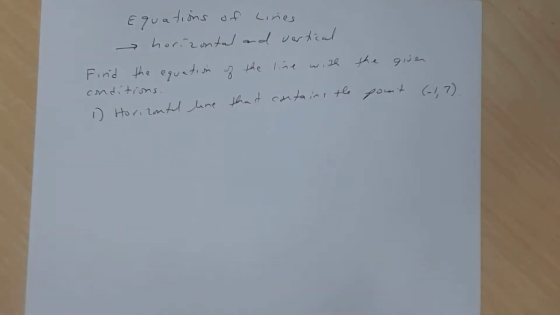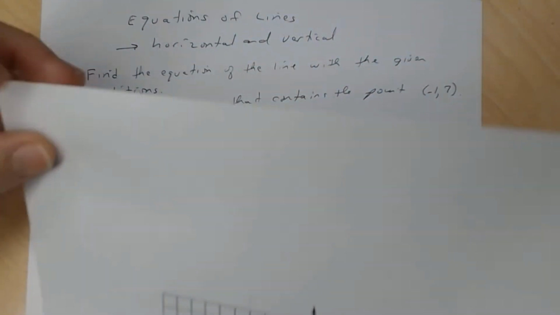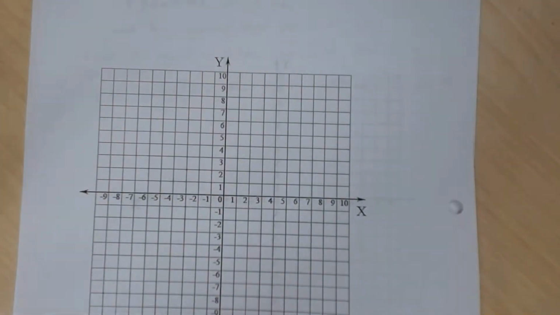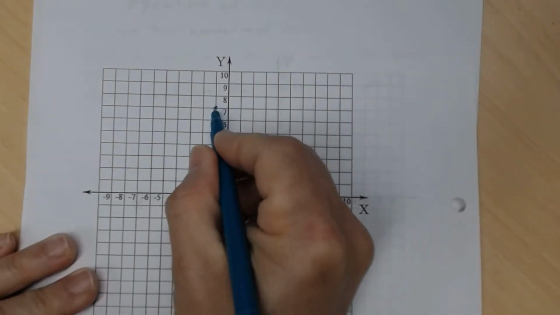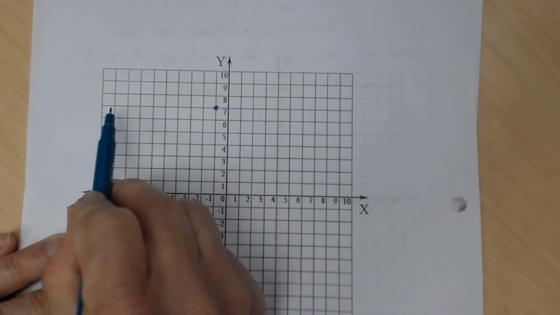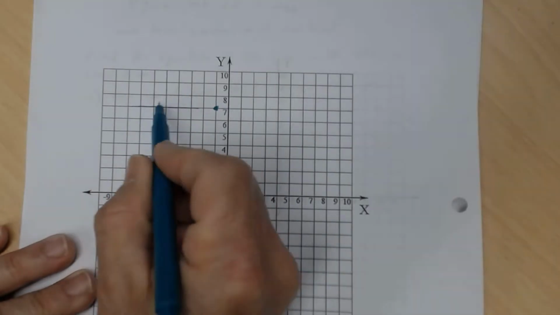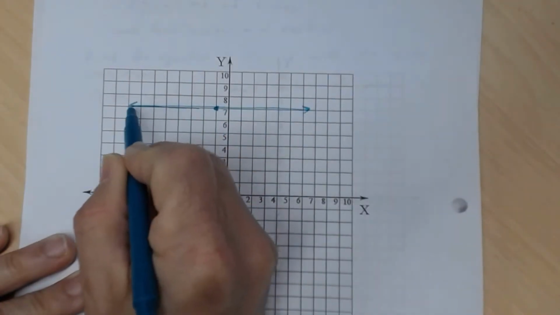So if I plot this point -1, 7, so -1, 7 is right here. And I want to find the equation of the horizontal line that passes through this point. So if I draw this horizontal line that goes through this point, here's my horizontal line.